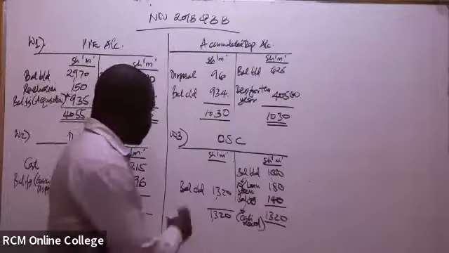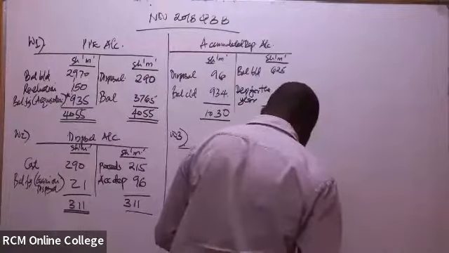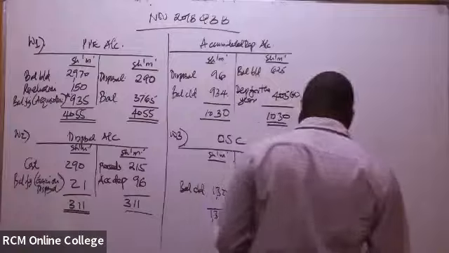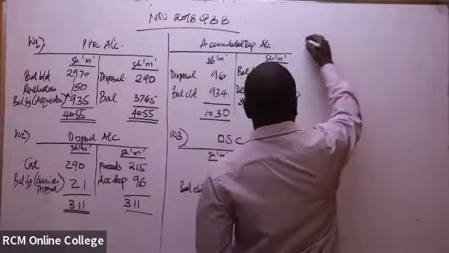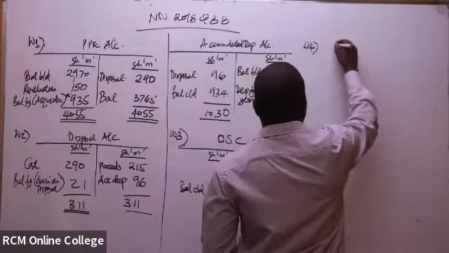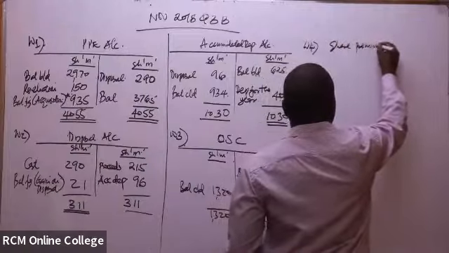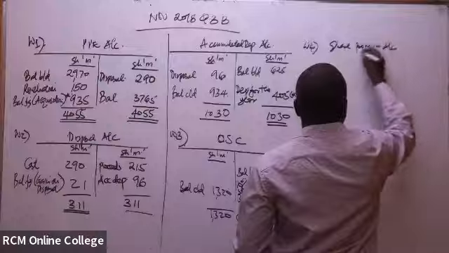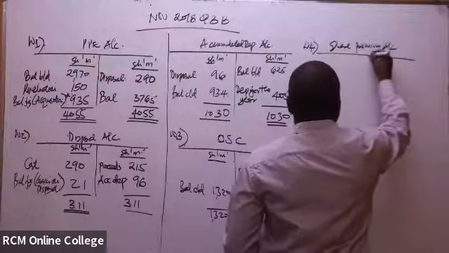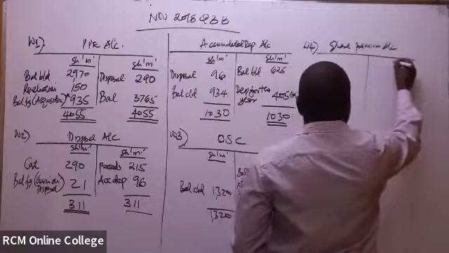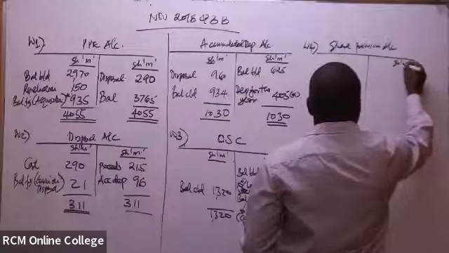So let's assume in this case, just the same working. Maybe you can say, working for the share premium account. Shillings in millions.